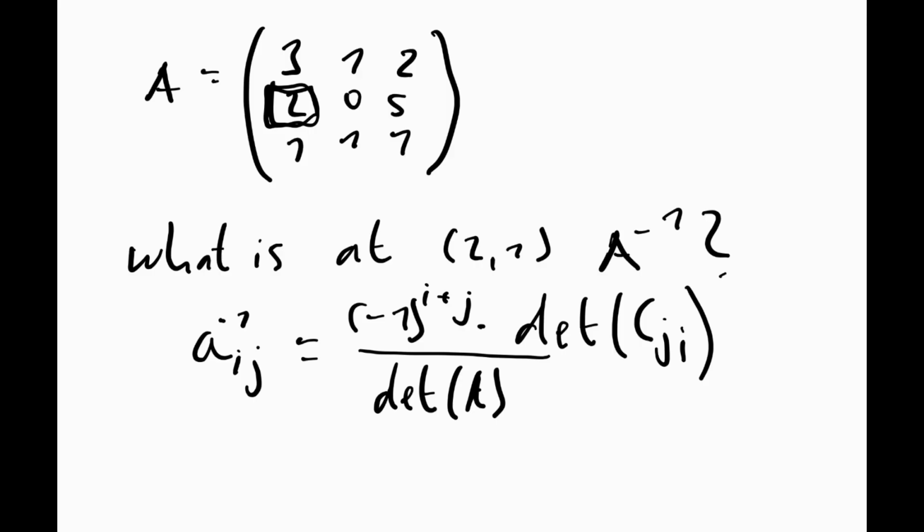And CJI we would call a minor, which is basically a determinant of, actually a minor, it would be including the -1 to the I plus J. So what we're talking about is simply the determinant of, when we had here, for example, the second row and first column, now we switch the coordinates as to how we look at them, and we want the first row and second column.